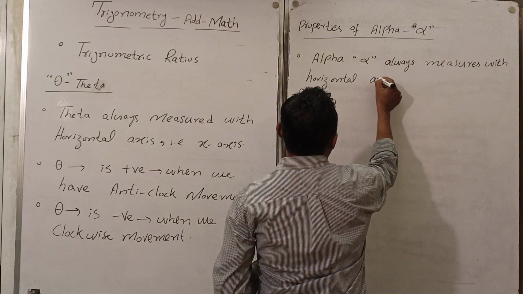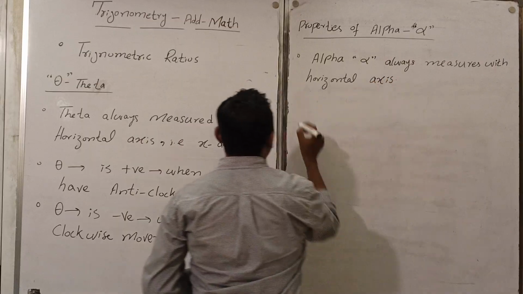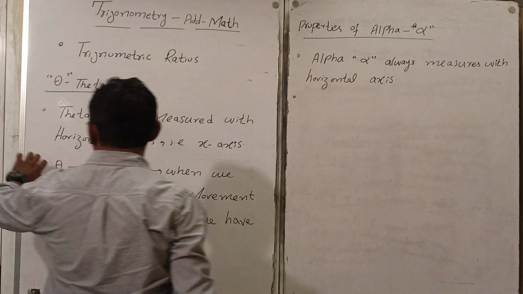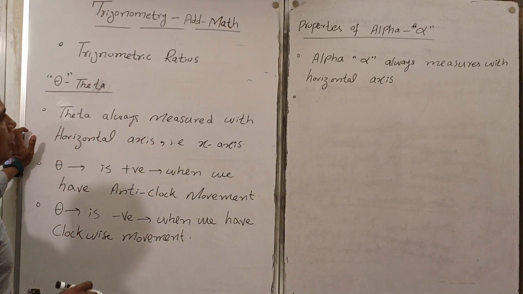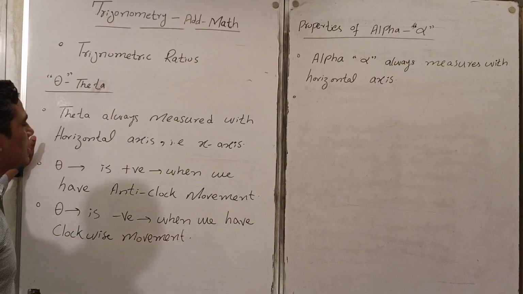One important thing: alpha is always measured with the horizontal axis.